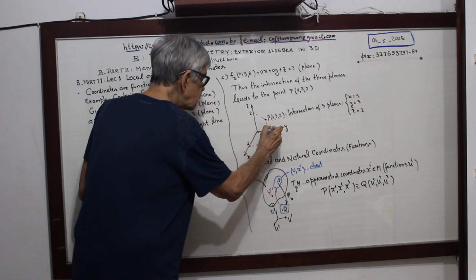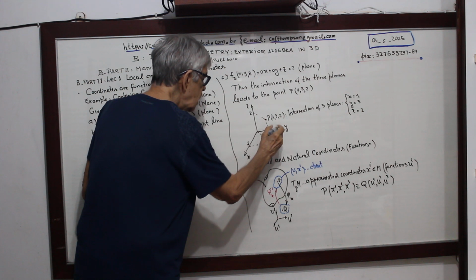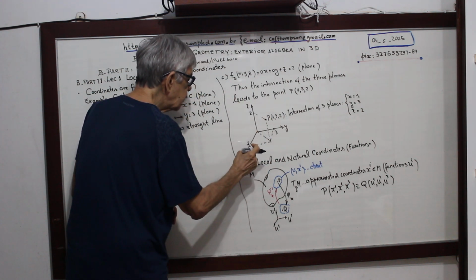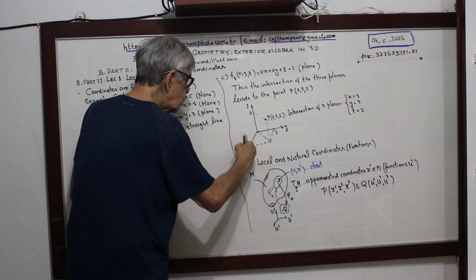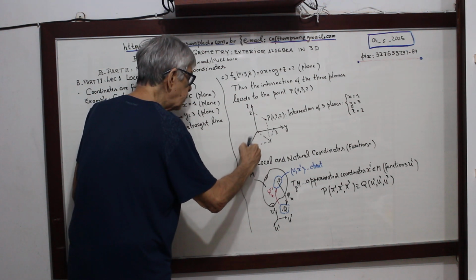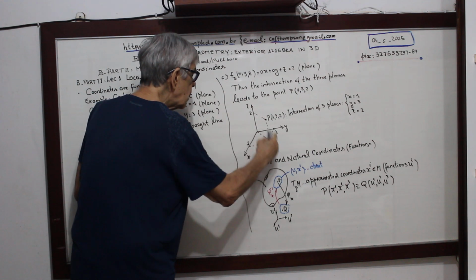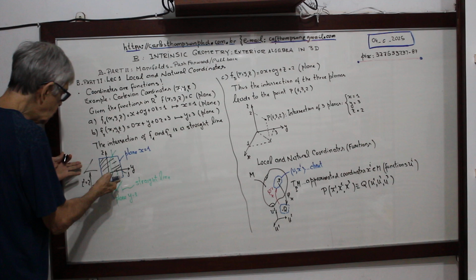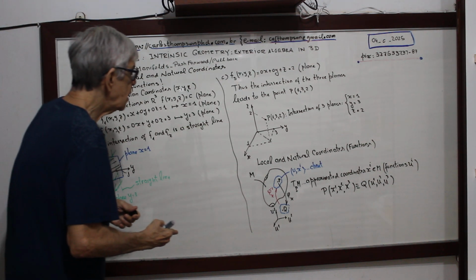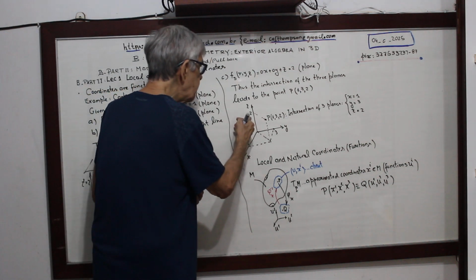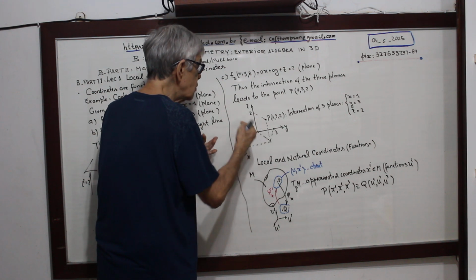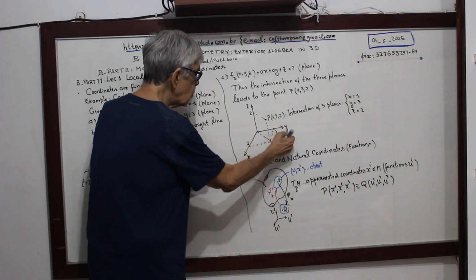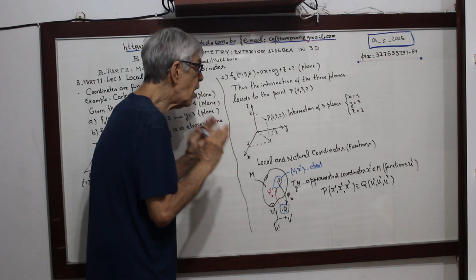So y equal to 3 is a plane parallel to x and z. You see, x equal to 1 is a plane parallel to the z and y axes, as I showed over here. And z equal to 2 is a horizontal plane in this case, which is parallel to x and y.